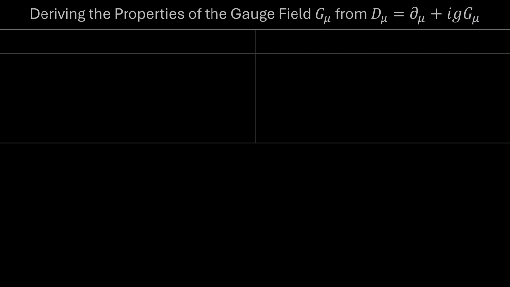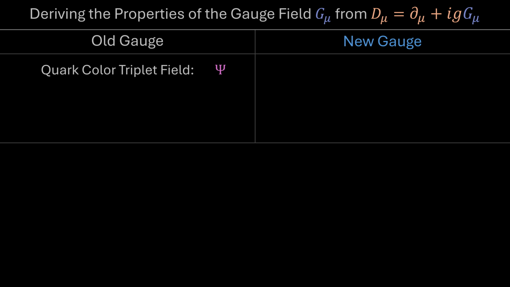All right, let's see if we can derive the properties of the gauge field from our proposed definition of the covariant derivative. So let's review what we currently know about an SU3 gauge transformation. Suppose we're hopping from one gauge to another. Well, if we start off with some quark color triplet field in the old gauge, call that psi, then in the new gauge, psi becomes psi prime, which is simply equal to u times psi, where u is an SU3 matrix field which varies in space and time.